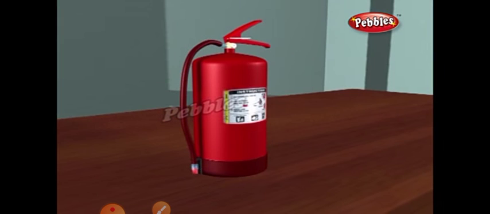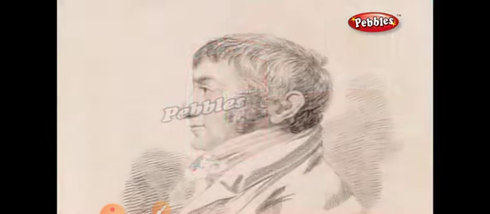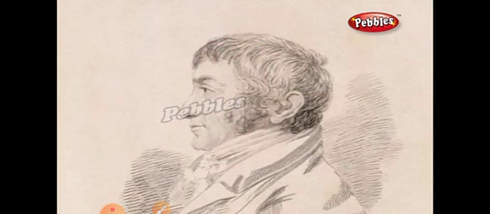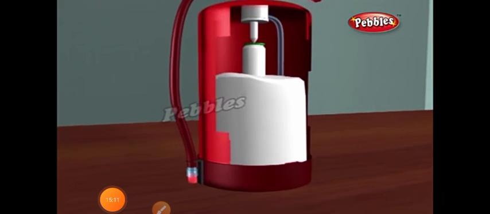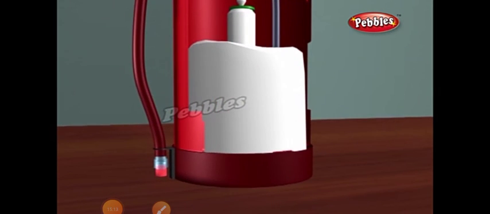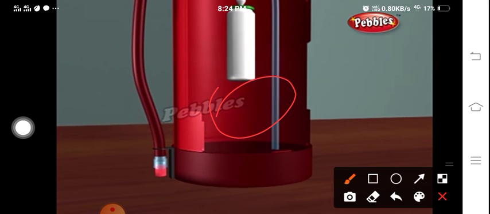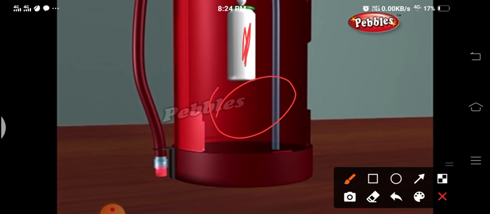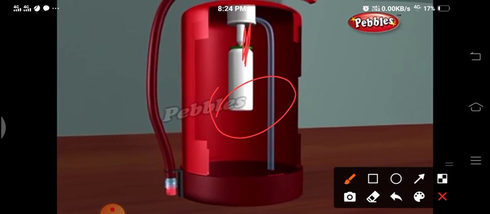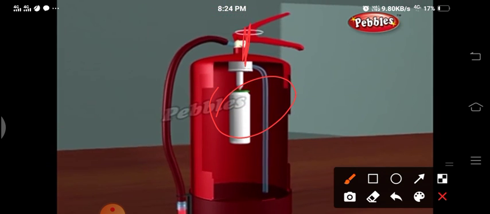This is the cylinder. Everything you can observe very nicely. Here is sodium bicarbonate and sulfuric acid in this white glass jar.